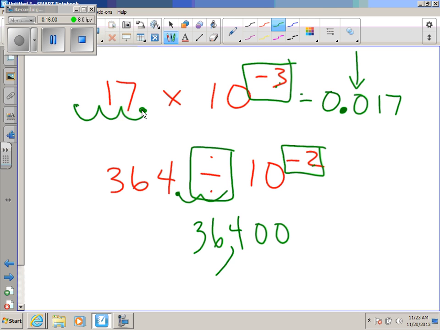No, I move my decimal 2 places to the right instead of 2 places to the left, which I normally would do when I divide. I moved them to the right because it's a negative power.